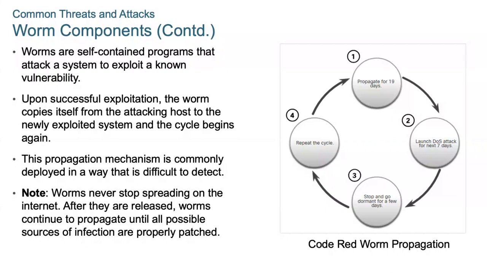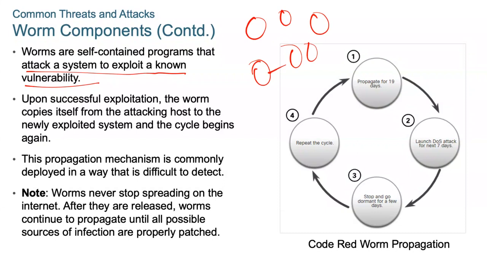These worms are, as said, self-contained programs that attack a system to exploit a known vulnerability first. Then in the network, if there are multiple stations connected in a distributed manner, they first infect one system.